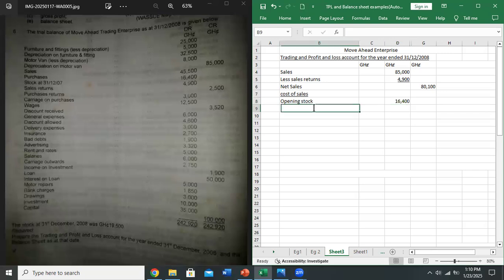We add the purchases. And the purchases has some issues to adjust. So we'll put it down here, 45,500 less the purchases returns or the return outwards, which is 2,500. And do we have carriage inwards?